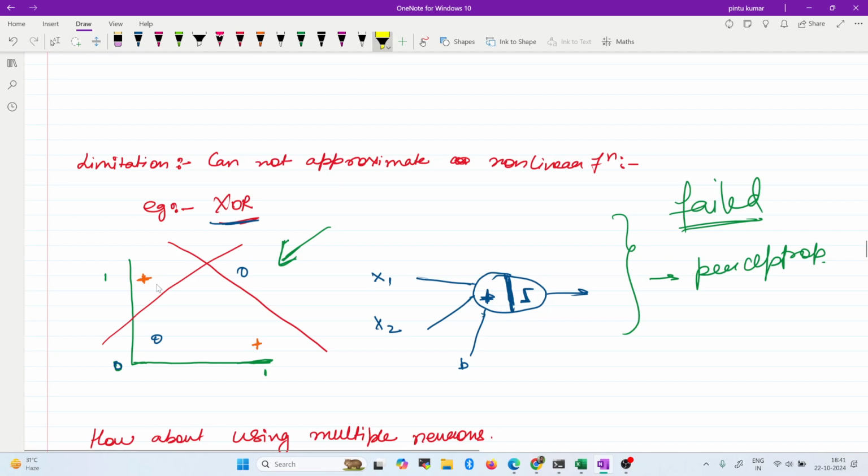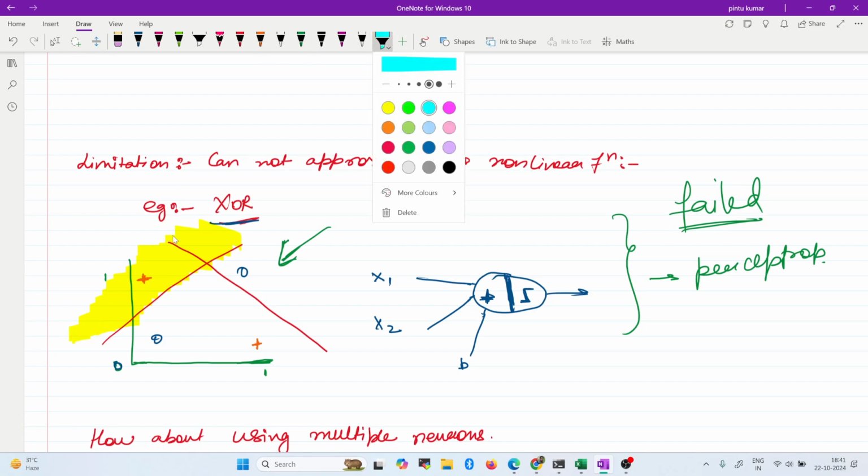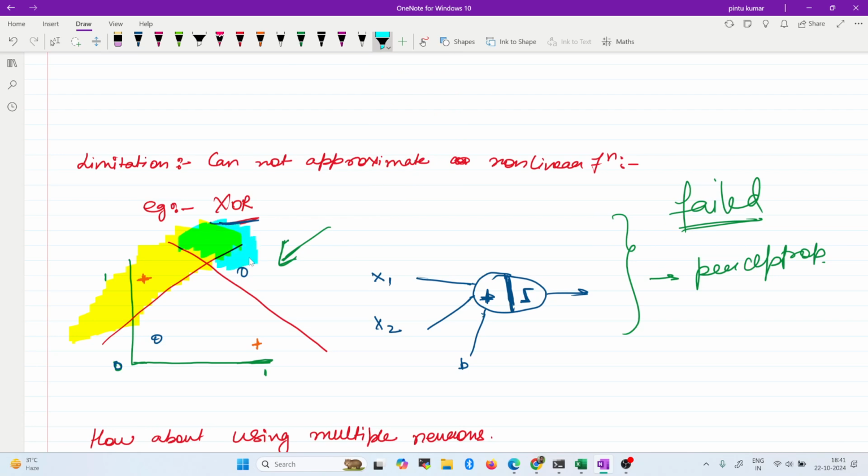Okay. So this yellow region means that for the first line, this part is positive. And for the second line, let me use some other color, this blue color. I think I have made a mistake here. Okay, sorry, just a second.